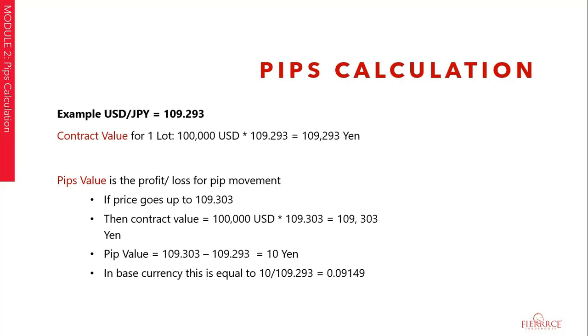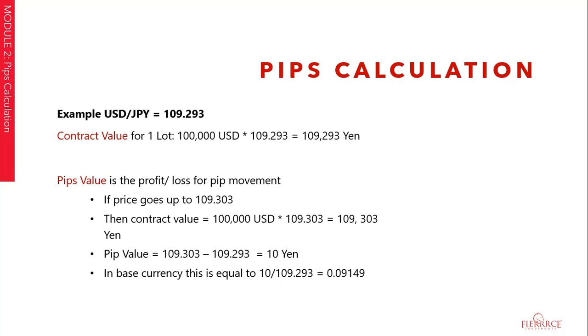Okay, so in this scenario, we are talking about the contract value, 100,000 units of USD. You multiply it by 109.293, the quote given for this price at this particular point in time, and you'll get the value in yen.